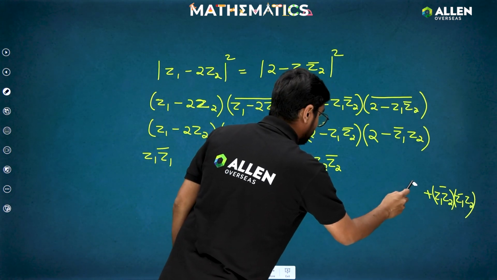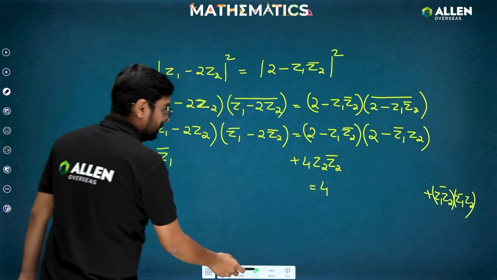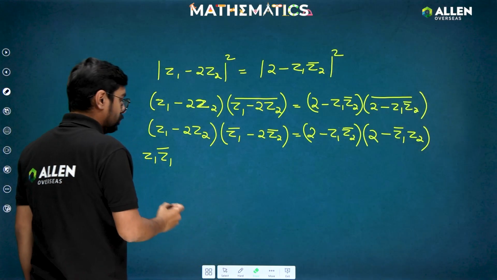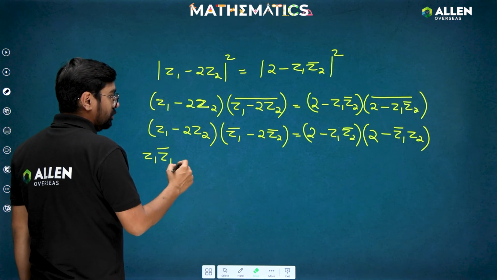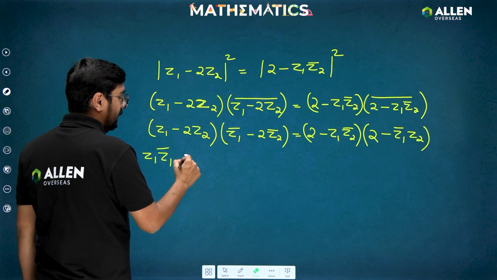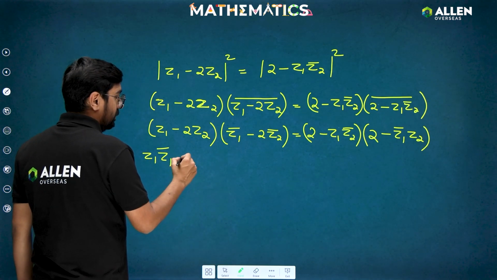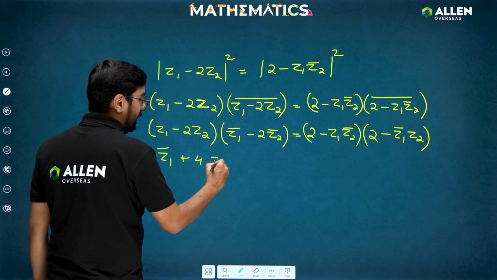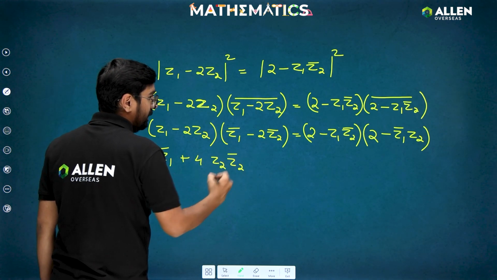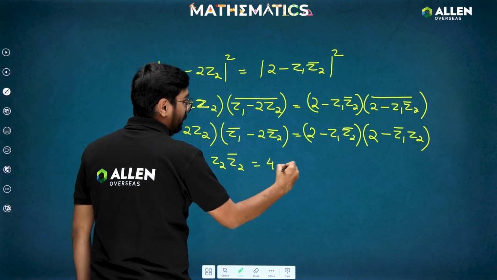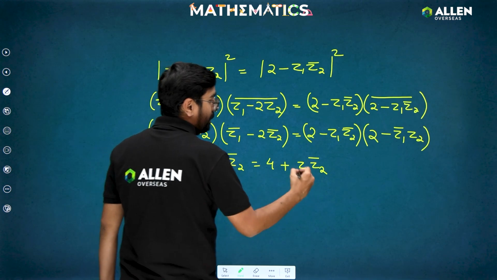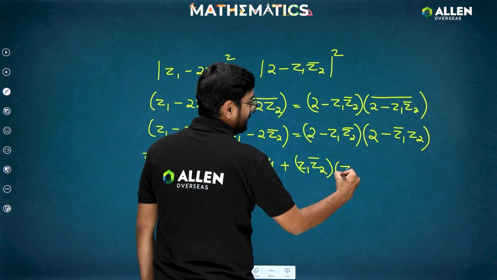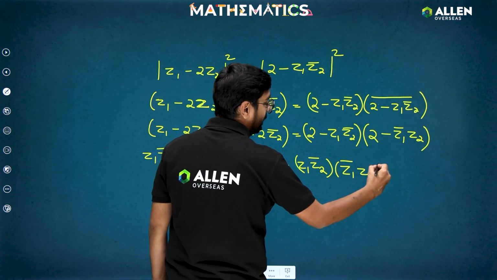Let me write this once again. I'm only left with z1 into z1 conjugate plus 4 into z2 into z2 conjugate is equal to 4 plus z1 z2 conjugate multiplied with z1 conjugate z2.